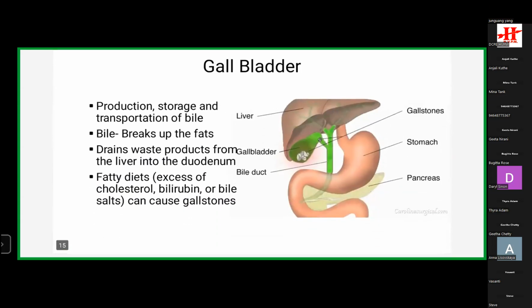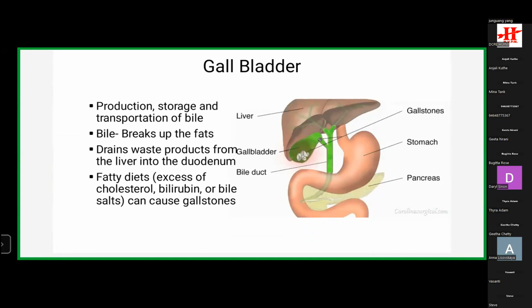Now the next gland is the gallbladder. The gallbladder is small and pear shaped. You can watch clearly here the greenish colored pear shaped gland located below the right lobe of the liver.